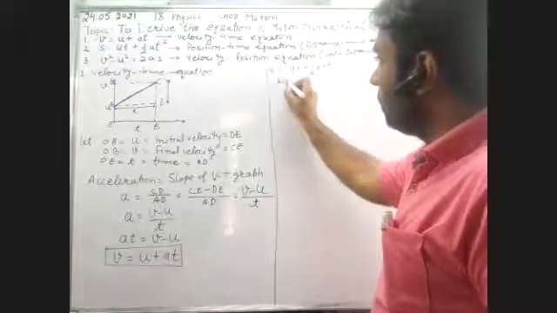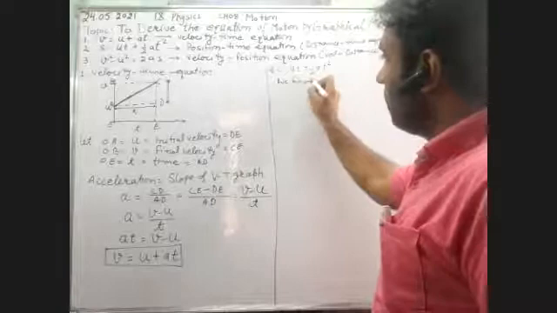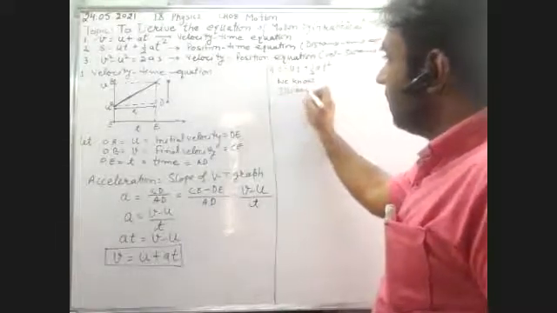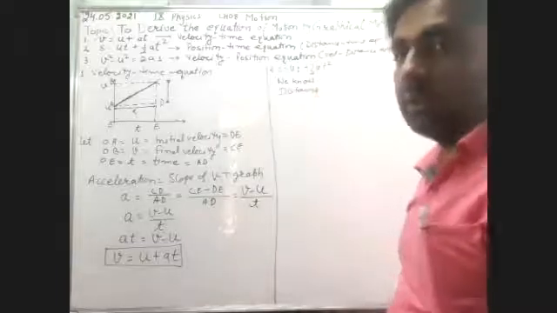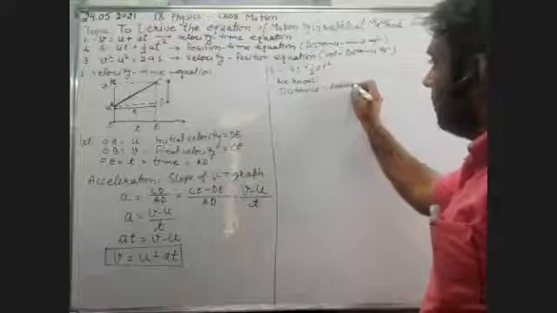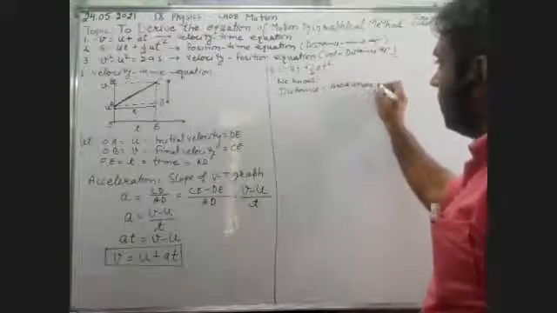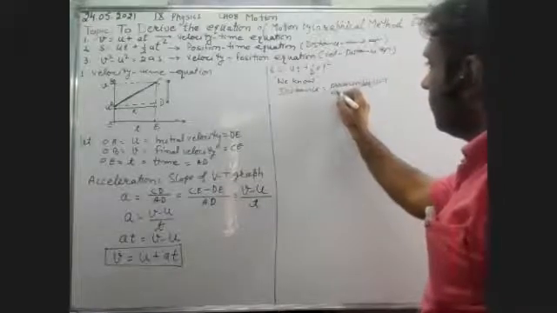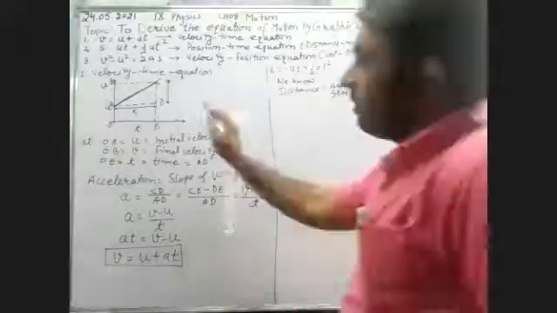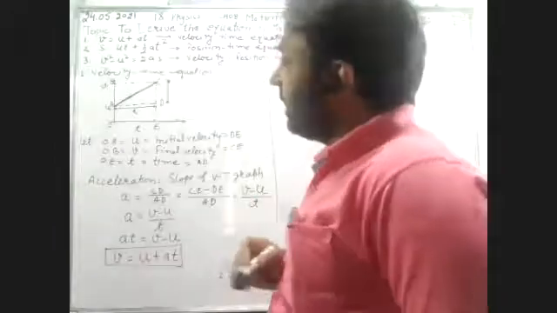What is distance? We know that distance from the VT graph, what is the distance? Distance is equal to area under the VT graph. This is our VT graph. What is the area under the VT graph?